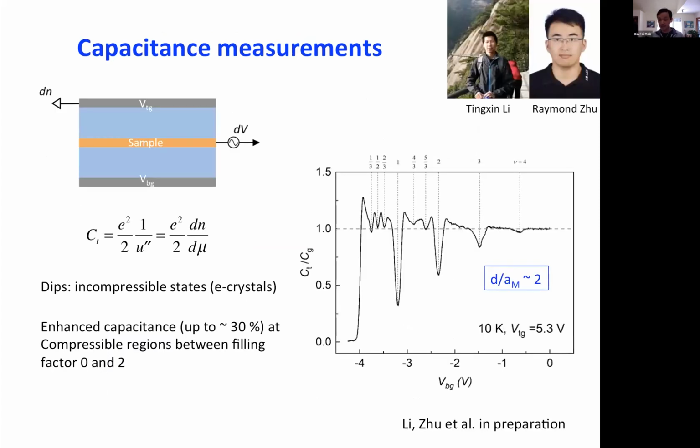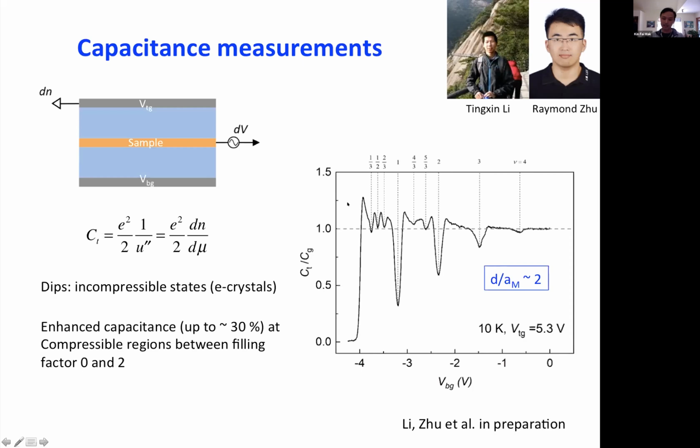We do get an enhanced compressibility, or enhanced capacitance, in our measurement. This is a measurement of the top gate capacitance in this dual gate device, normalized to the geometrical capacitance of the top gate. At high doping density, where the moiré features are almost gone, it just goes to 1.